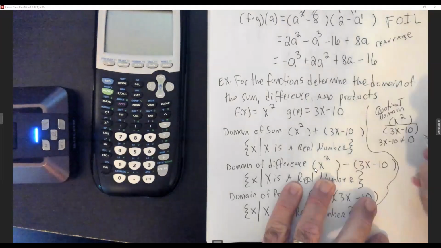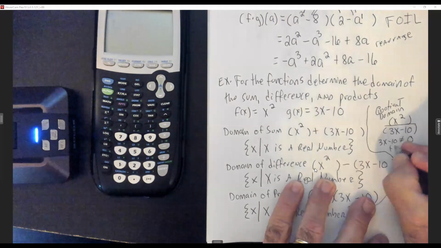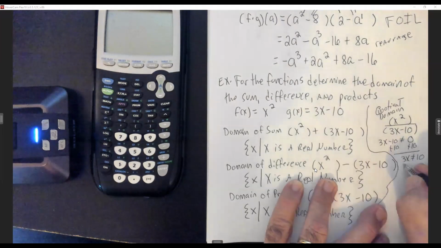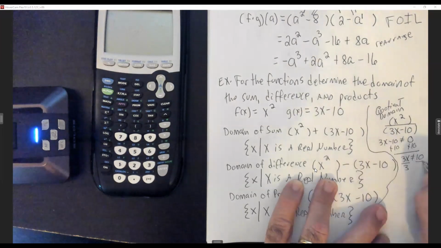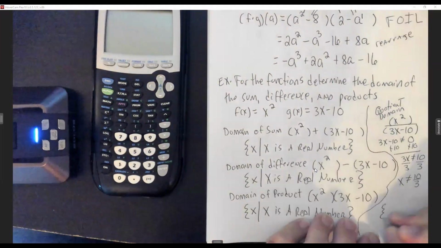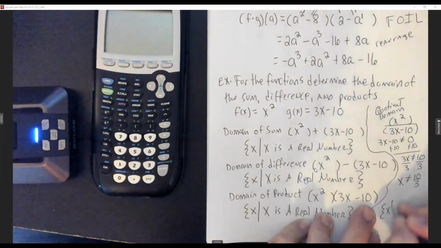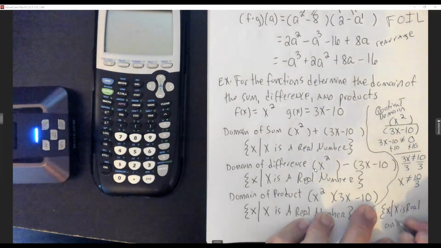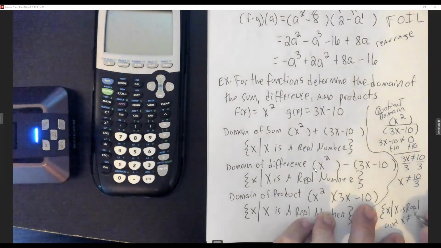You would have solved that by adding 10, and then dividing both sides by 3, so that x could not equal 10/3. So had they asked for the quotient, it would have been x such that x is a real number and x cannot equal 10/3.